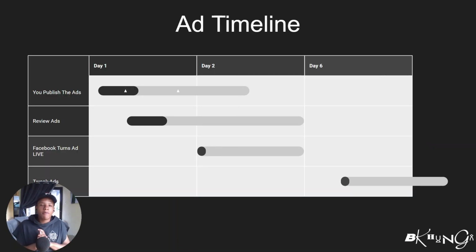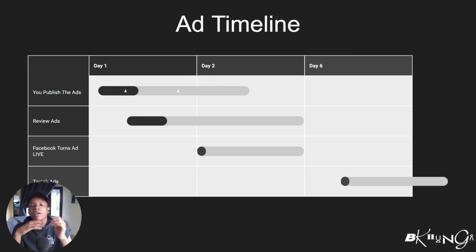So to give you a bit of what the ad timeline looks like: on the first day, you publish the ads. Between day 1 and 2, Facebook reviews the ads, and on day 2, most likely, Facebook turns your ads live, and people within your service area actually start seeing them.